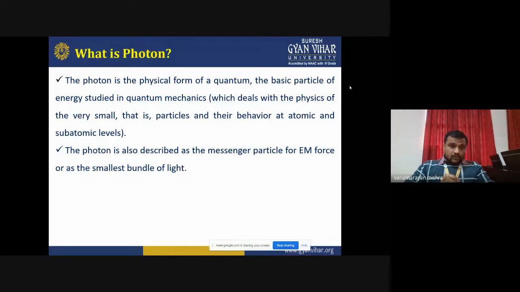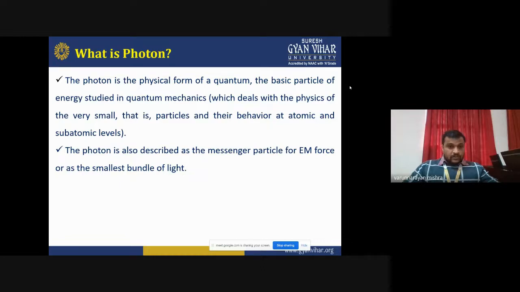So the photon is the physical basis of quantum physics. Photon is the physical form of quantum physics. It's a basic particle, and an important concept behind the study of the microscopic phenomena involved in quantum physics. It deals with the physics of the very small particles and their behavior at the atomic level.